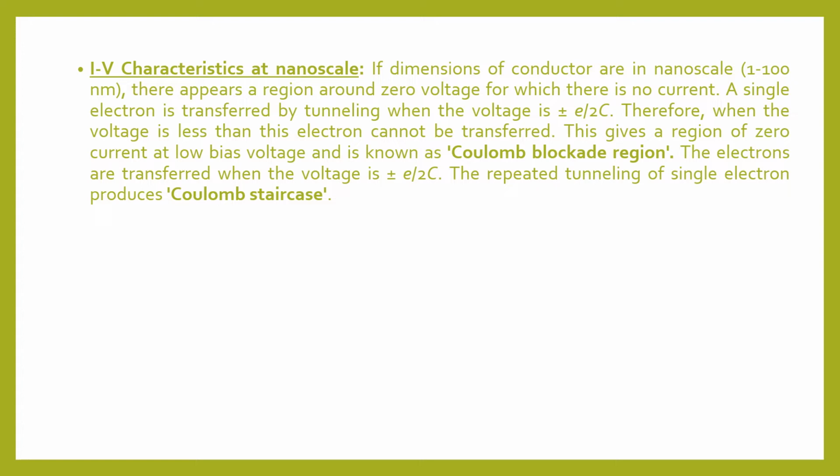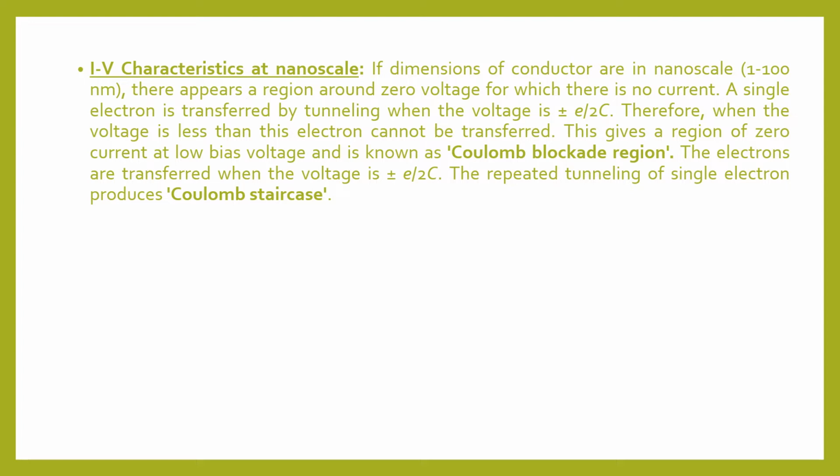A single electron is transmitted by tunneling when voltage is plus minus e/2C. Therefore, when voltage is less than this, the electron cannot be transmitted. At that time current will be zero. This region of zero current at low bias voltage is known as Coulomb blockade region.